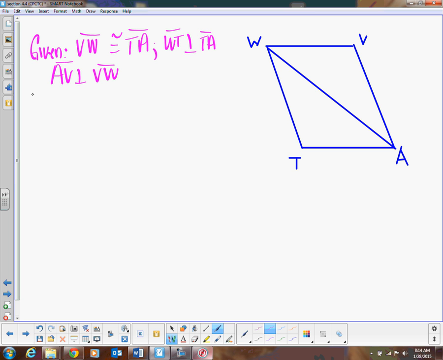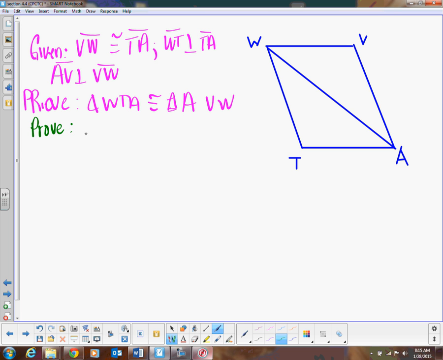All right. And you are to prove that triangle WTA is congruent to triangle AVW. Now, this is my pretend, okay? This is our new prove.